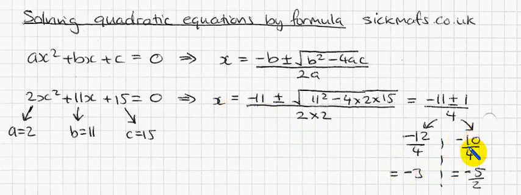And minus 10 over 4, I can simplify that, so I write minus 5 over 2. Actually, I could write it as a decimal as well. I could write minus 2.5. So those are my two answers for what x is, or those are my two answers to the solution to this equation, and that's how to use the formula.